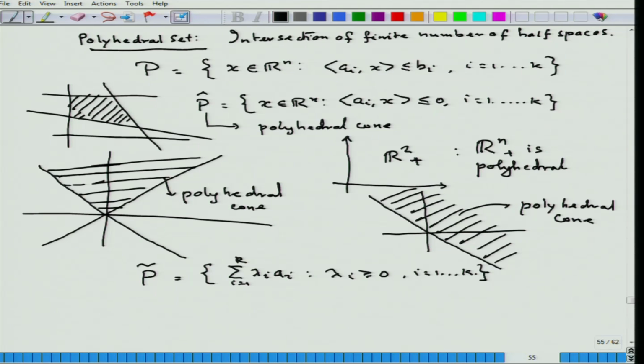Suppose in 2 dimensions I take 2 vectors. There is no condition of linear independence or dependence on these vectors; they are just a few given vectors.